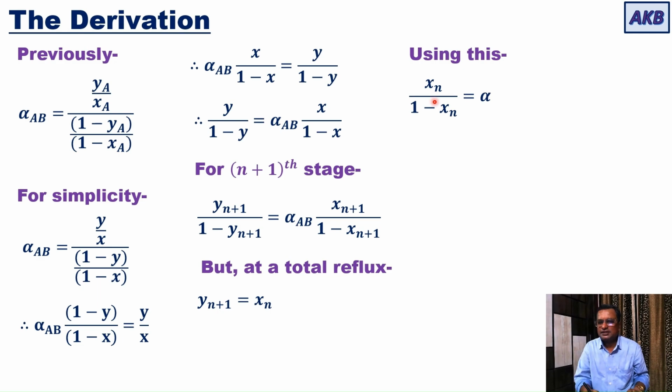If I do that, I'll get this equation: xn upon 1 minus xn is equal to alpha AB into xn plus 1 divided by 1 minus xn plus 1. Let us continue with this equation.